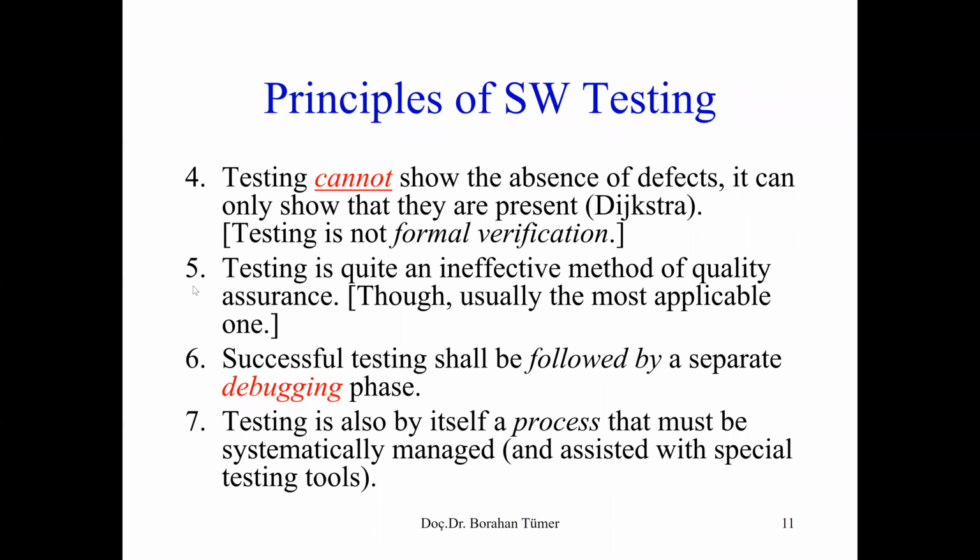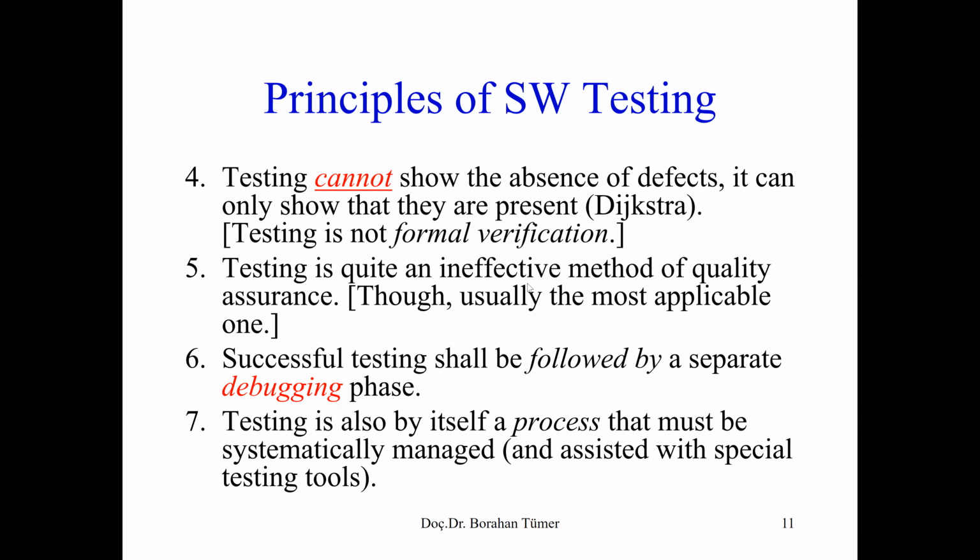So let's look at the fifth principle of testing. Testing is a quite ineffective method of quality assurance, though usually the most applicable one. It takes a lot of time per defect to uncover it. So that's why in reality it is an ineffective method.